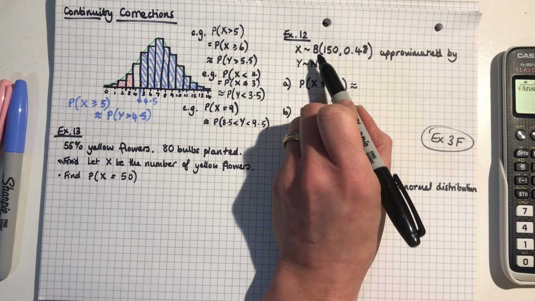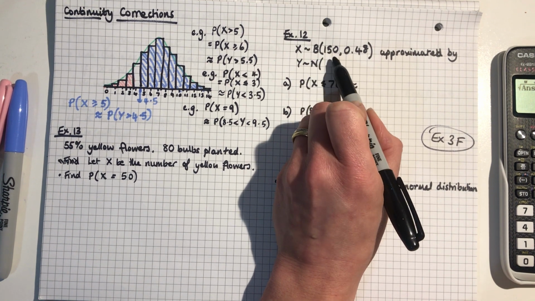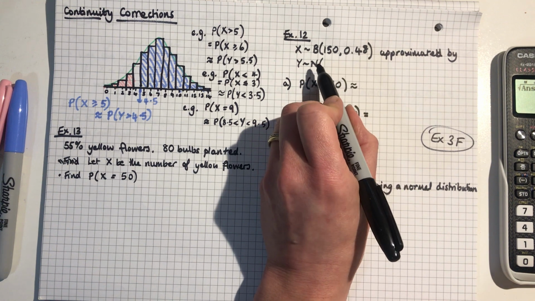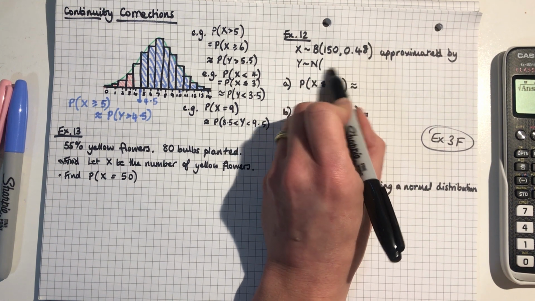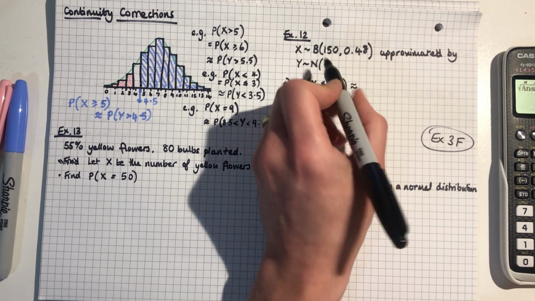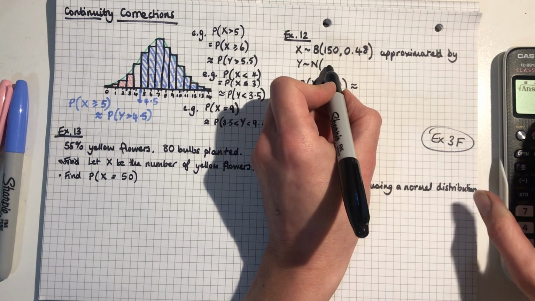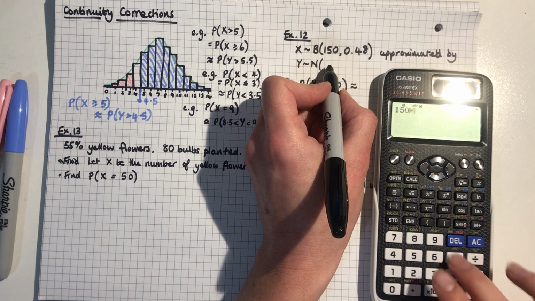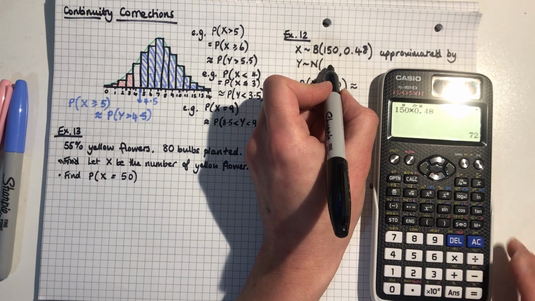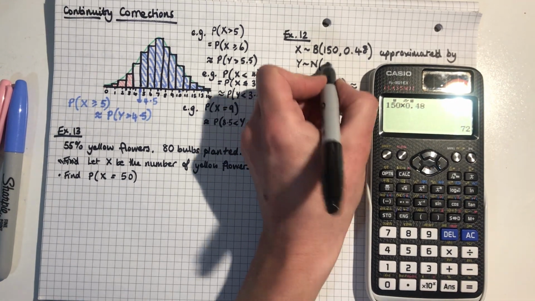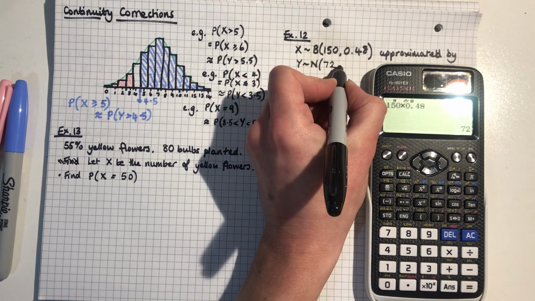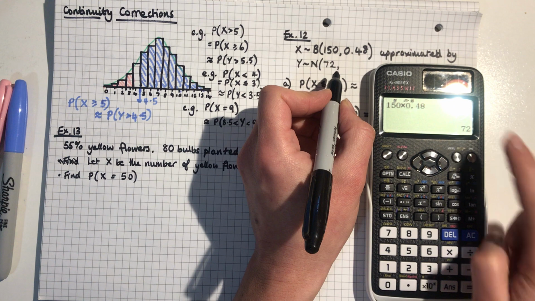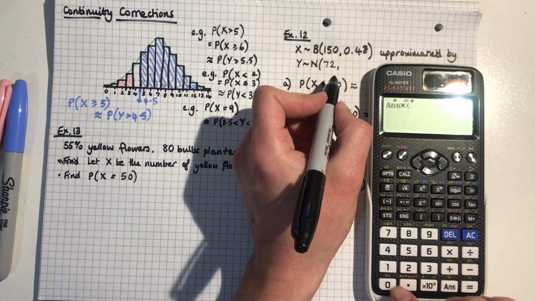We're told that we have a binomial random variable with n 150 and p 0.48, and it's approximated by a normal random variable. Let's quickly work out the parameters of this normal variable. Mu here is np, so we've got 150 times 0.48, which gives me 72, and the variance is np, which is 72, multiplied by 1 minus p.